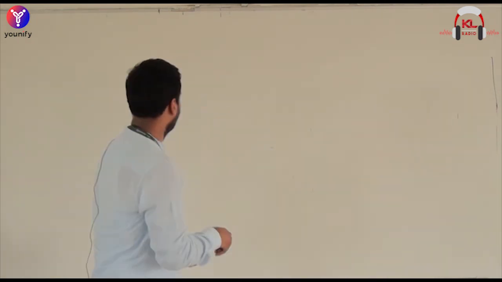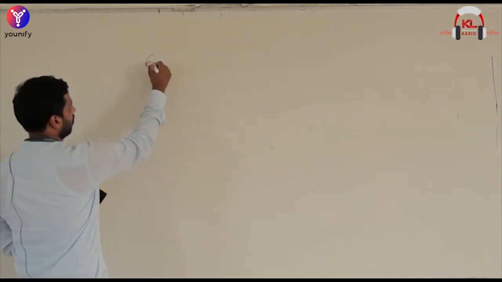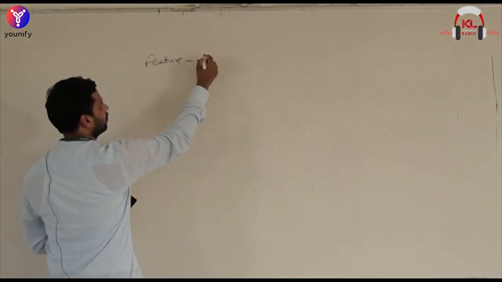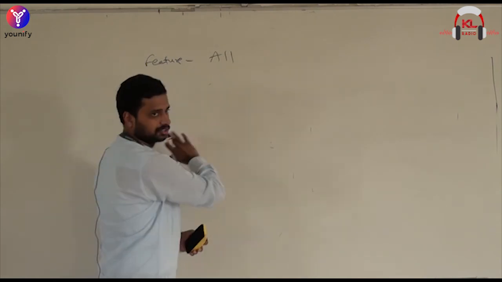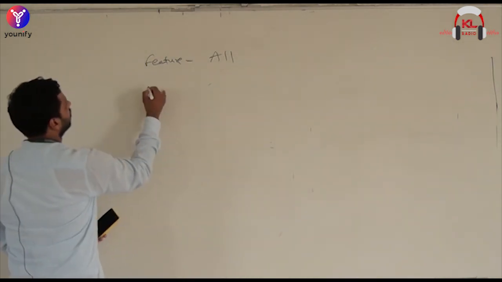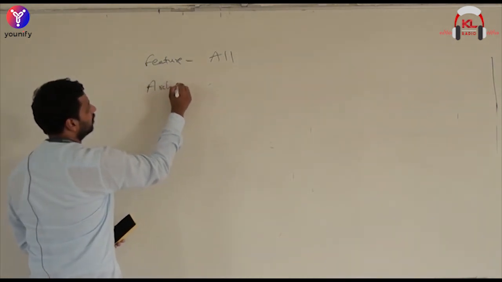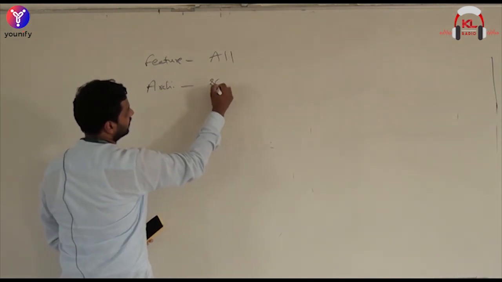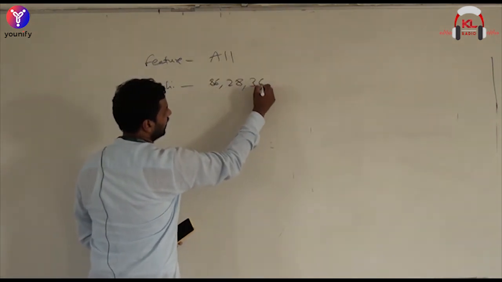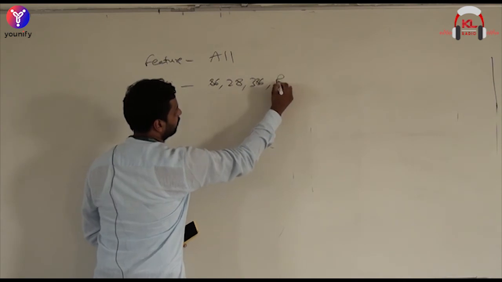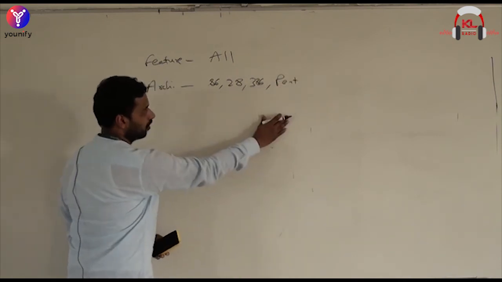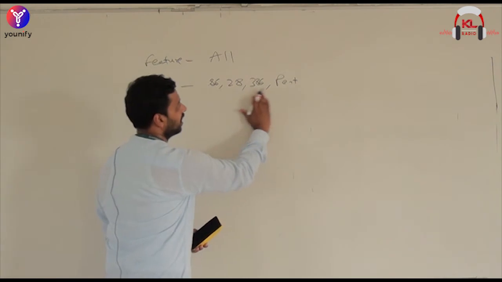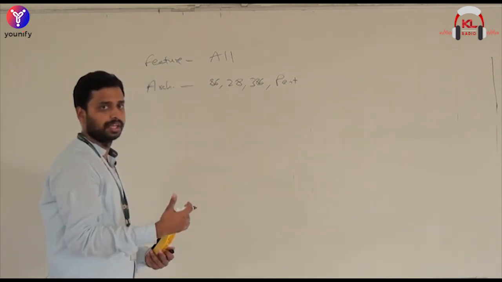Everything has a bunch of things in common. For all the processors we have features. Study them in common. We have architectures in 86, 286, 386 and Pentium. Study all of them in comparison. If you study all of them in comparison, it is the better way to remember.